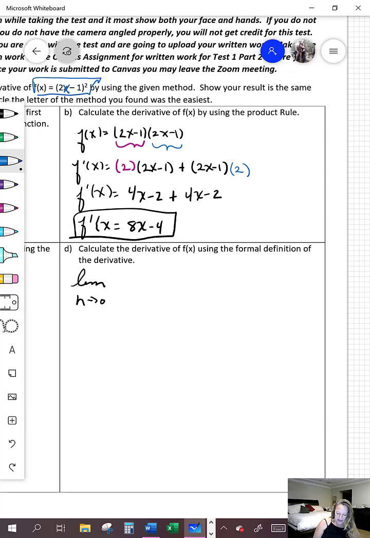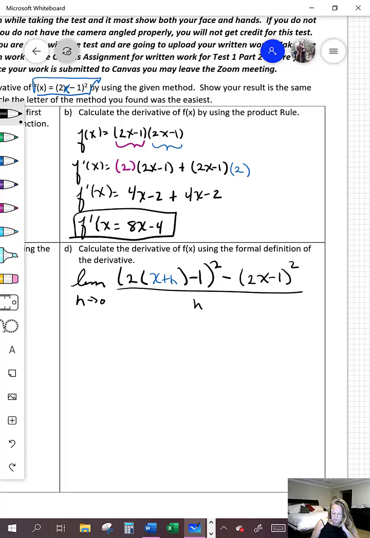And so first doing that, we have 2 parentheses, we see an x there, we're going to replace it with x plus h. And then we have this minus 1, quantity squared, formal definition of derivative, then minus f of x, so minus this quantity of f of x, which is 2x minus 1, quantity squared, all over h.